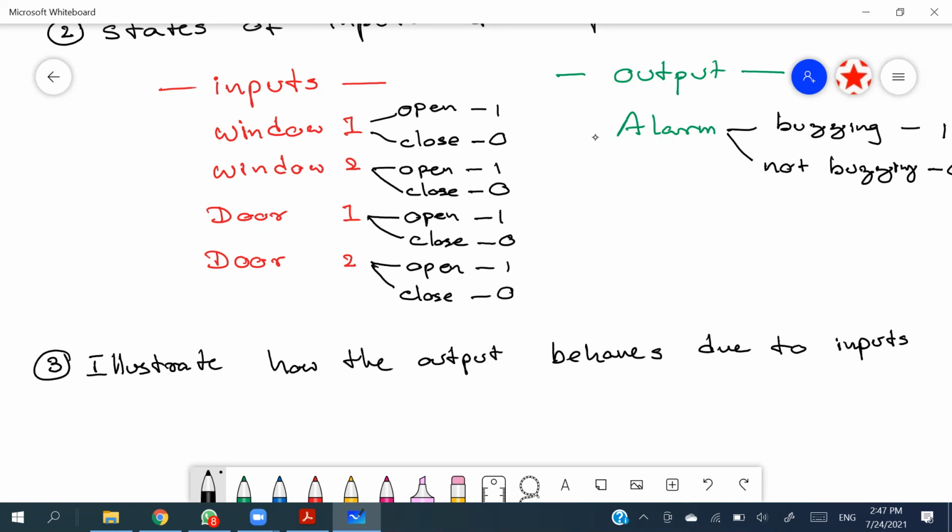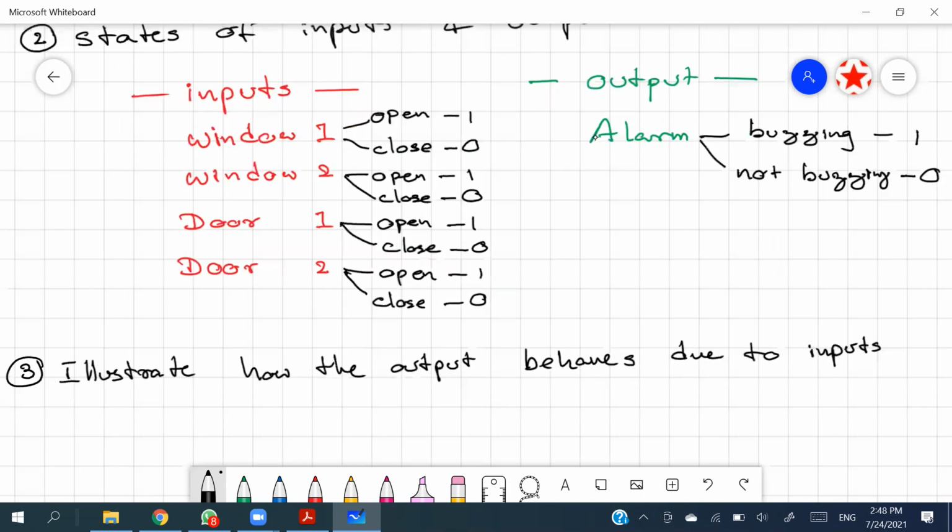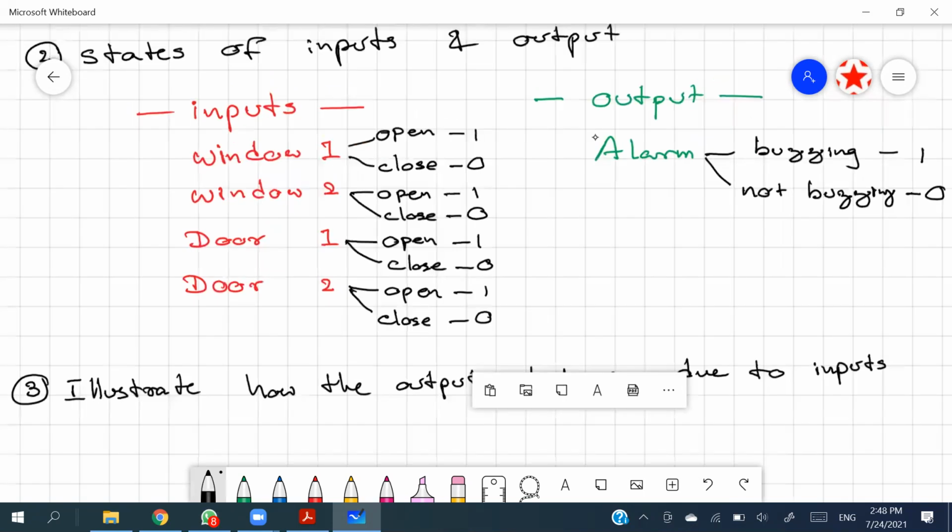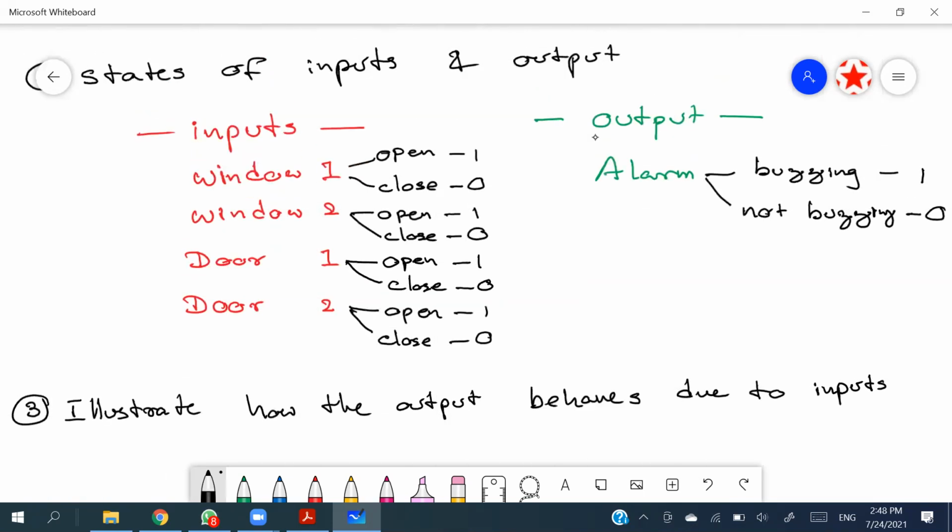Now, at this point, we have to think a little about how these things are working. Now, if I ask you to explain or to illustrate the situation where the alarm buzzes, how are we going to describe that?